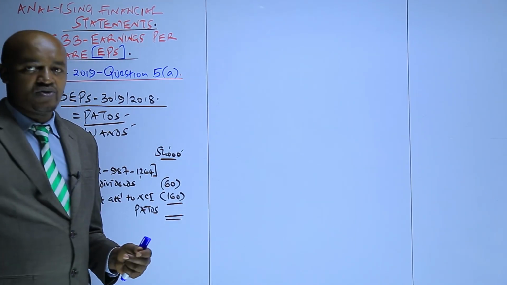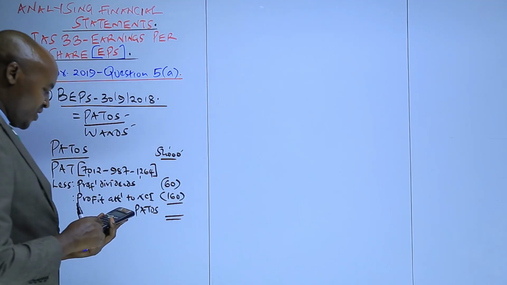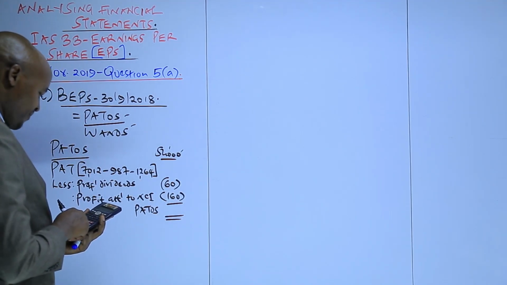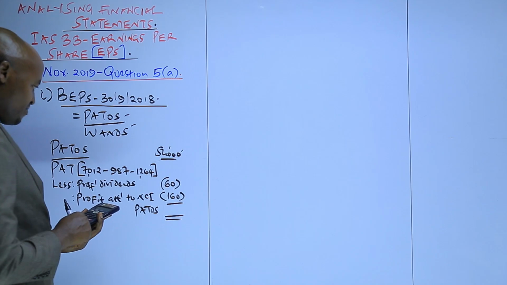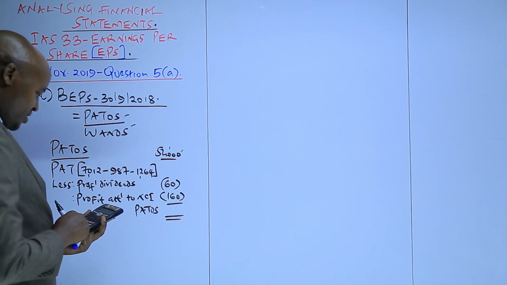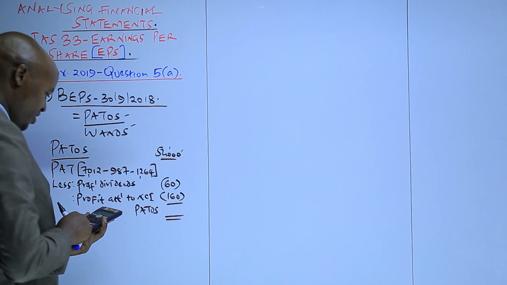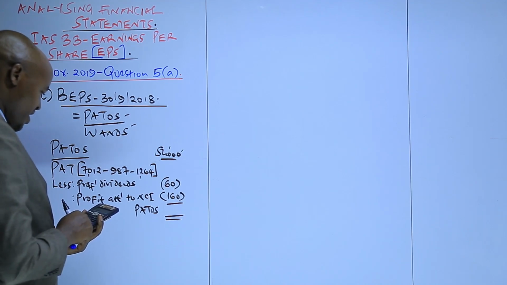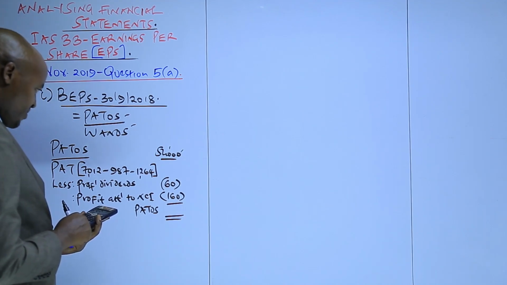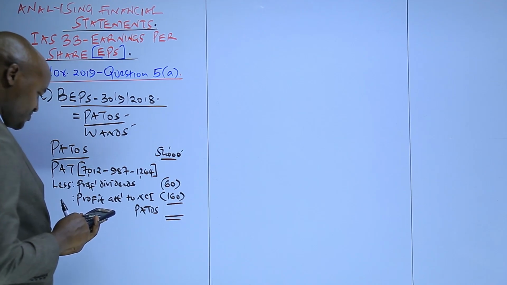ordinary shareholders. So let's compute that, but we need to first of all determine the profit after tax, which is 7012 minus 987 minus 1264.